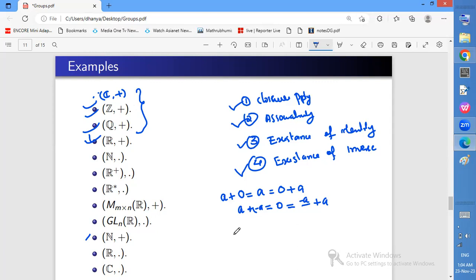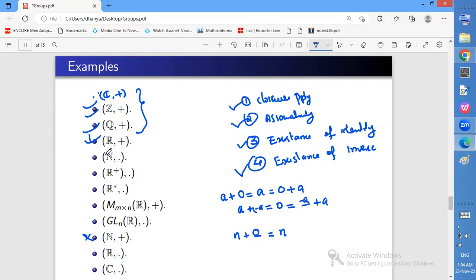For any n, the identity element is the number such that n plus that element should be equal to n. What is the only possibility here? The only possibility is the element 0, but it is not in the set N. So there does not exist an identity element for the operation addition. So this condition is violated. Therefore, N under addition is not a group.